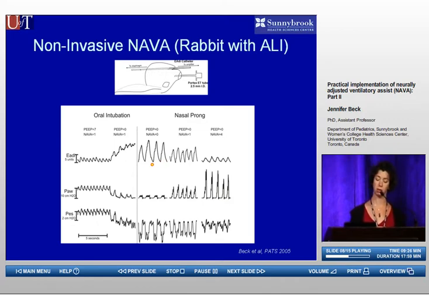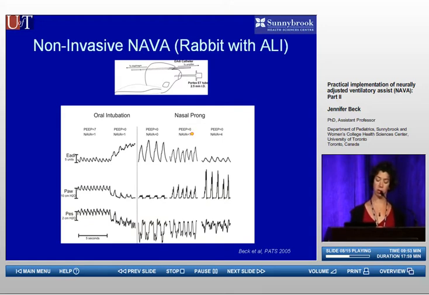You can see here, to the right of the dashed line, when we were ventilating with NAVA using this single nasal prong, the tonic activity disappeared completely. This is on a low level of NAVA, so the diaphragm electrical activity is very strong, as you can see here. There's no NAVA being delivered, and the esophageal pressure swings are very large, indicating a large work of breathing.